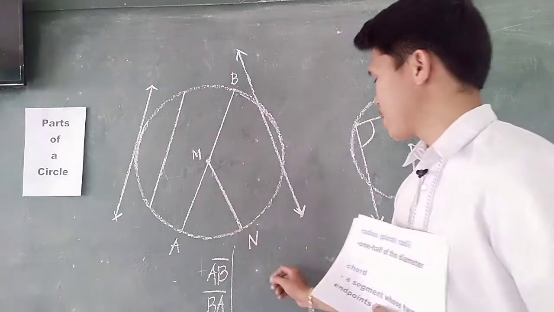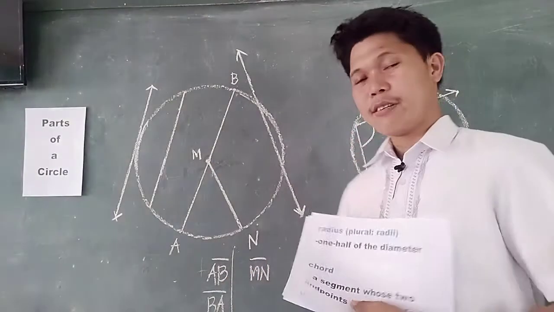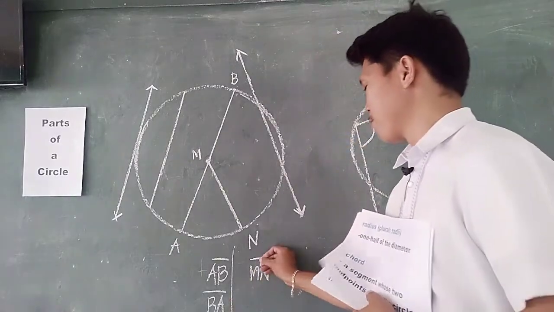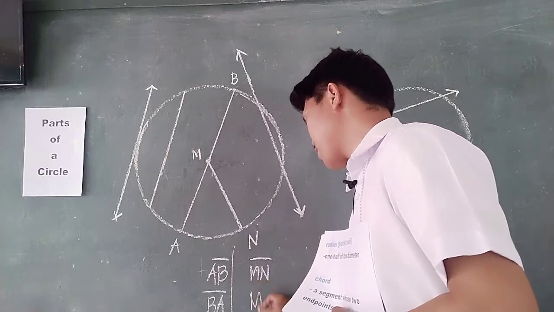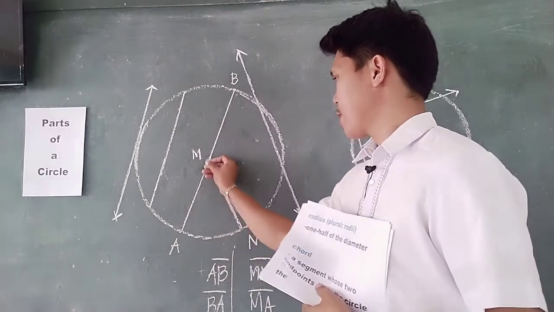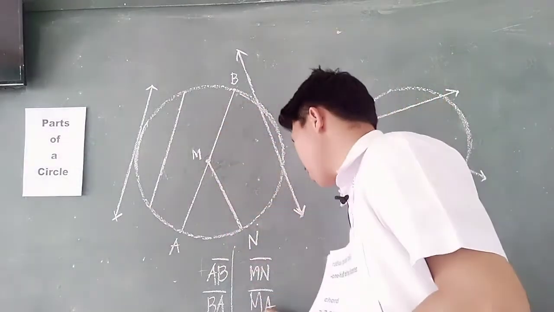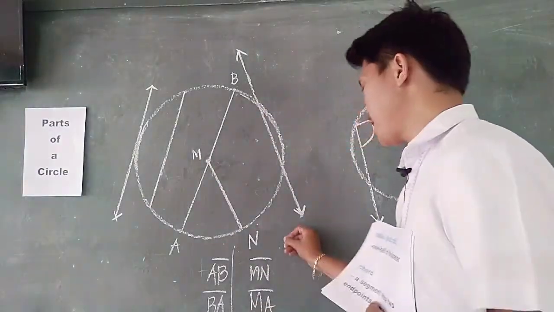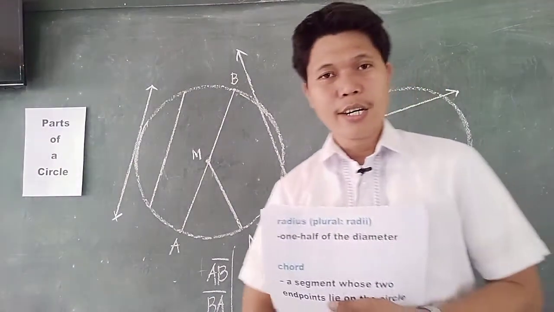We have the first radius, we have segment MN, or NM. So pwede mong kabaliktad. We have also AM or segment MA. Yan. MA or AM. Parehas na yan. Tsaka BM or MB. Okay. So they are our radii.